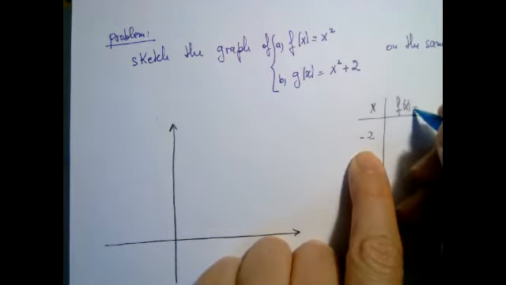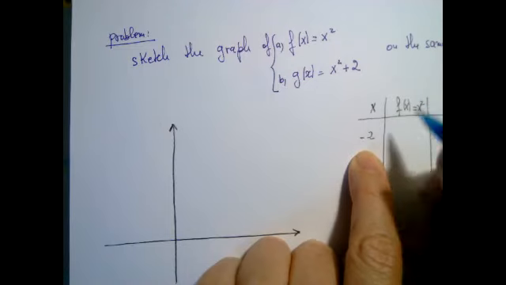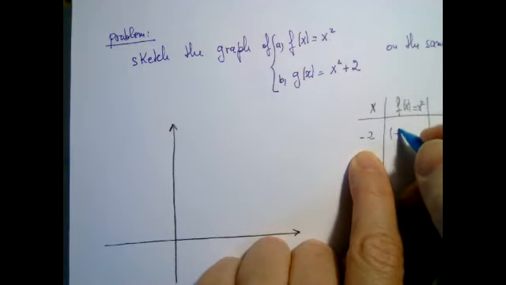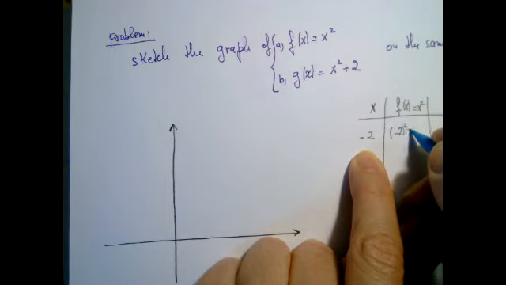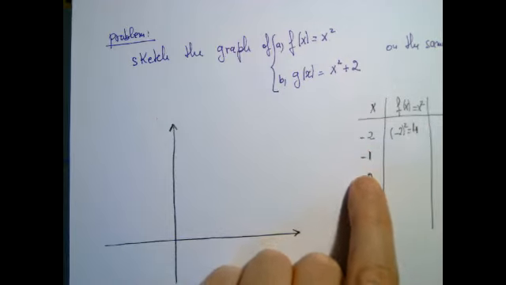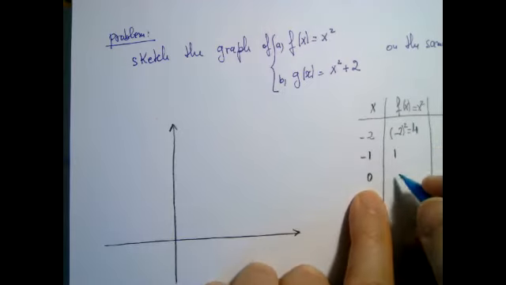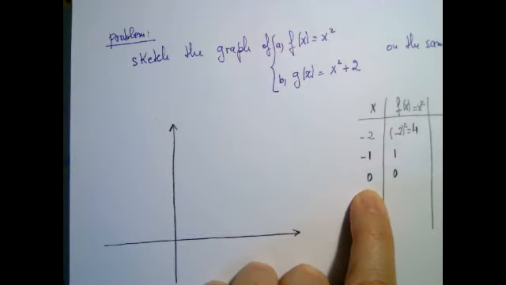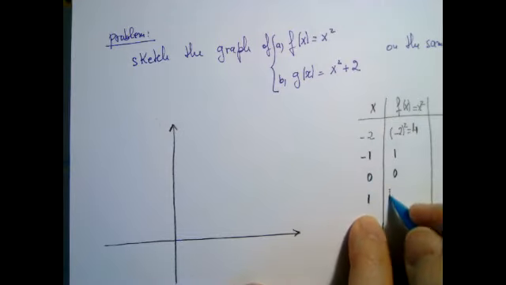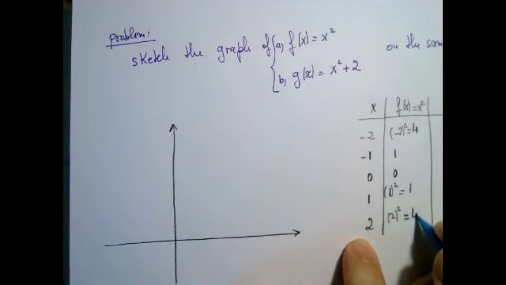F is x squared. So f of -2 is, you take -2 and you square it. -2 times -2 gives me a 4. -1 squared gives me a 1. 0 is 0. 1 is 1 squared, which is a 1. And 2 is 2 squared, which is a 4.